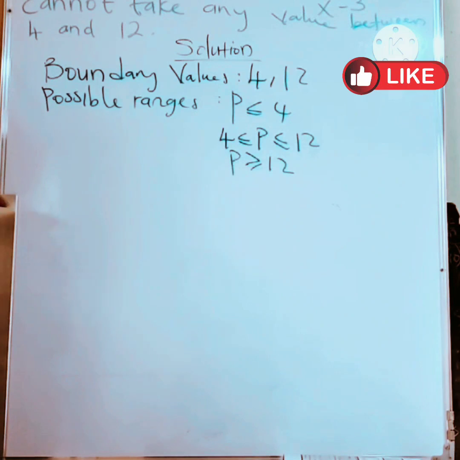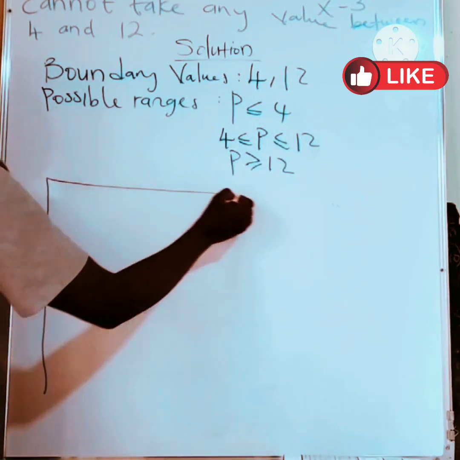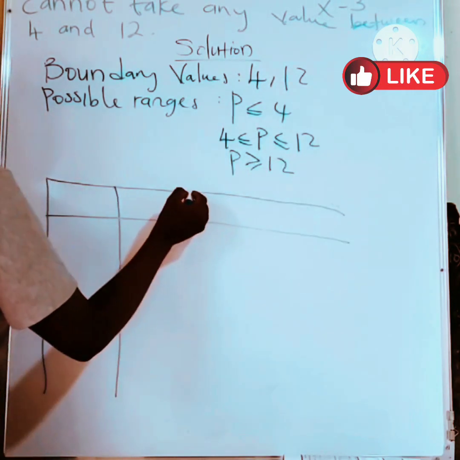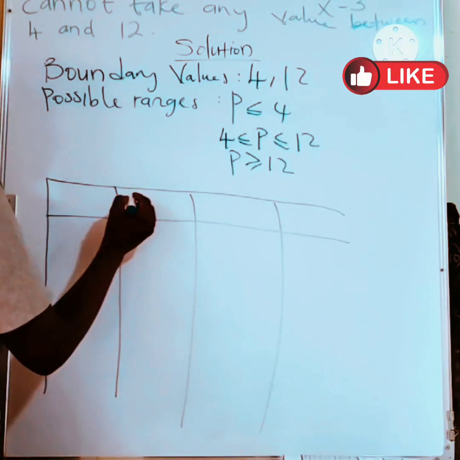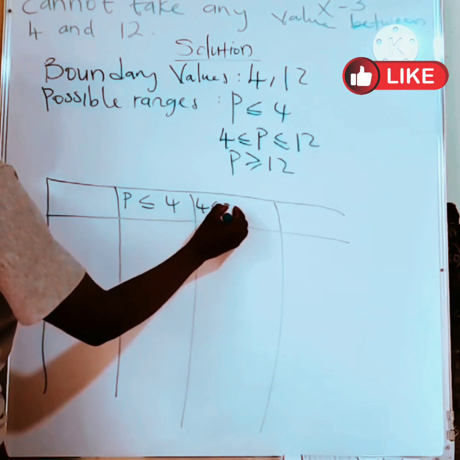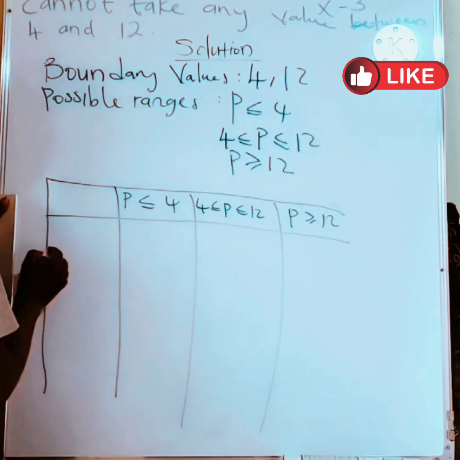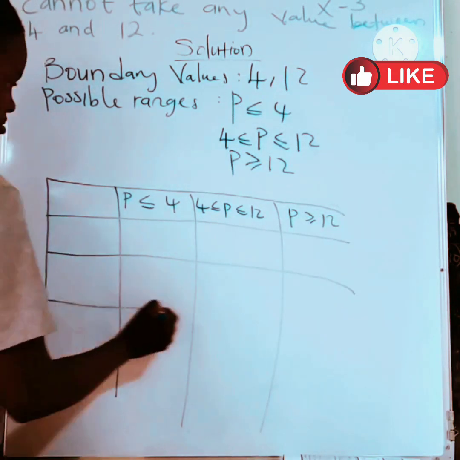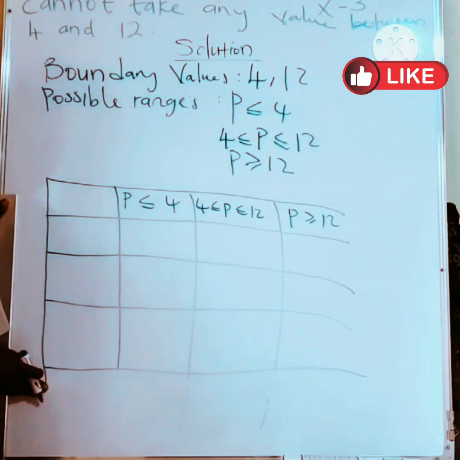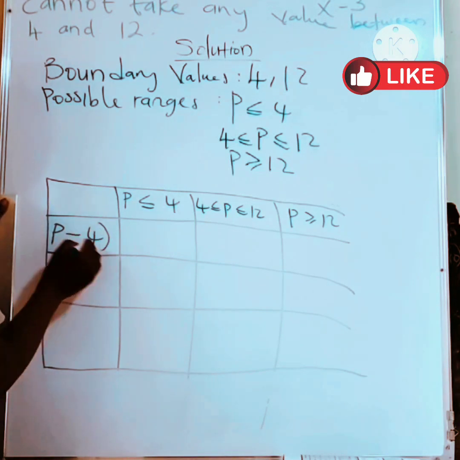So right now we'll draw the table where we'll verify the range that satisfies our equation. p less than or equal to 4, 4 less than p less than 12, and p greater than or equal to 12. Our first factor is p minus 4.